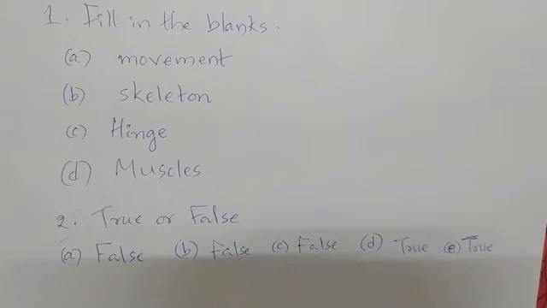A. The movement and locomotion of all animals is exactly the same. All animals do not exhibit the same movement or locomotion. So this statement is false.